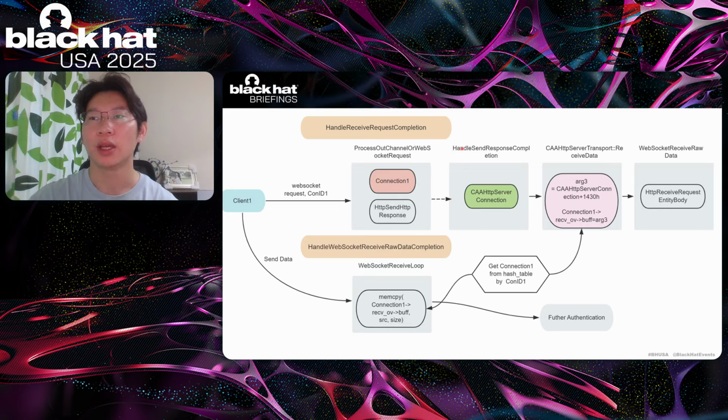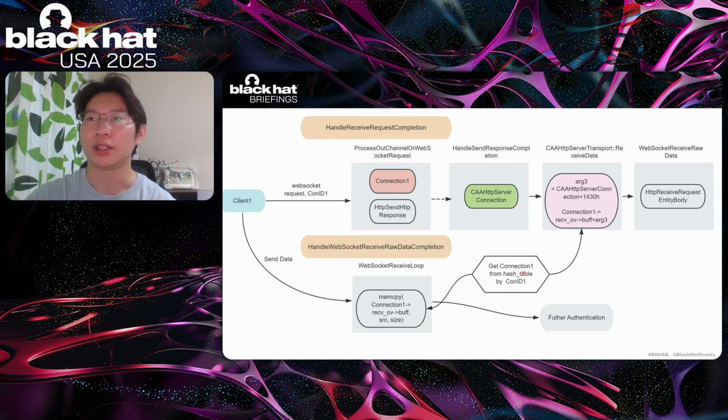Upon completion, the server's callback function, HTTP send response completion function, is triggered, which allocates the HTTP server connection structure and binds it to connection 1. In the subsequent processing, it calls receive data, where argument 3 is a pointer with an offset from the server connection structure.